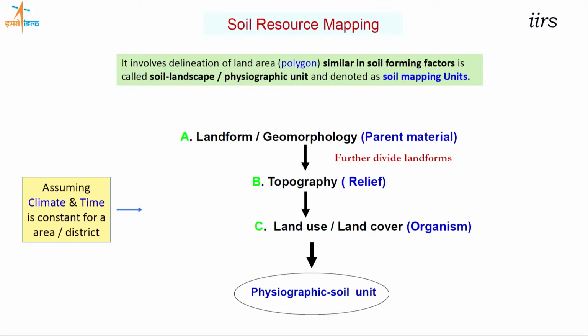After the second interpretation, within the same geomorphology and topography, you see the land use land cover, which will represent the organism soil forming factor. And by step by step interpretation you will get the map unit or polygon, that polygon will be called physiographic soil unit or soil landscape unit.